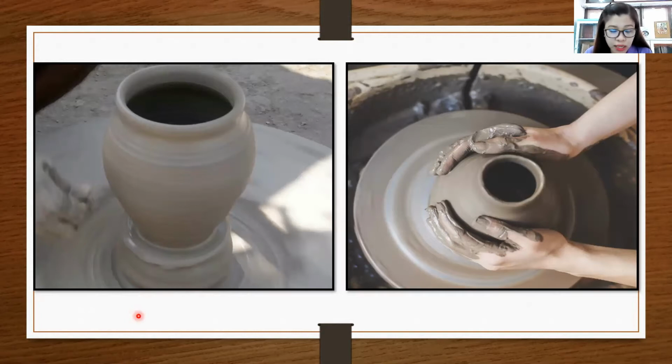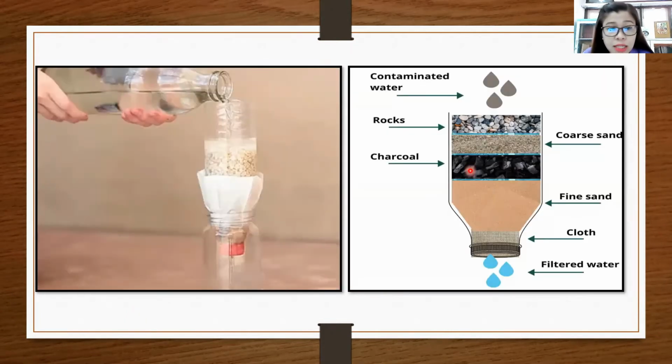Okay, so it is used in pottery to make various items like pots and vases. Harmful solid substances in the water can be removed using sand filters. As you can see over here, we use sandy soil, fine sand, and even rocks, right?